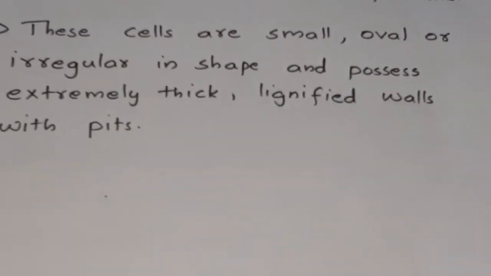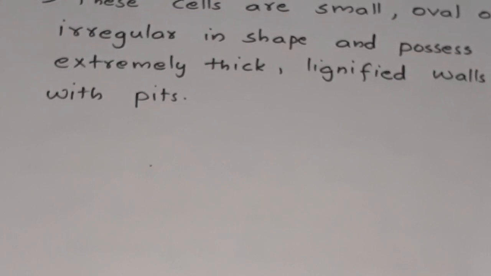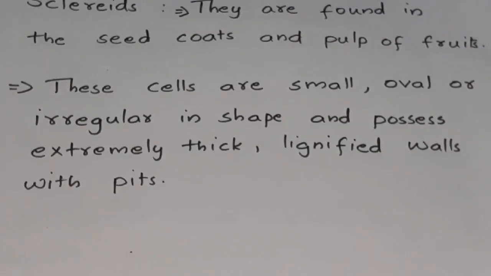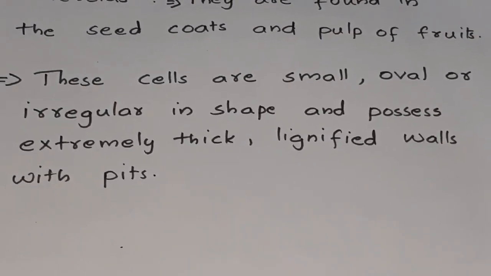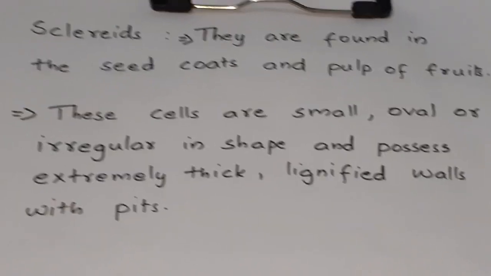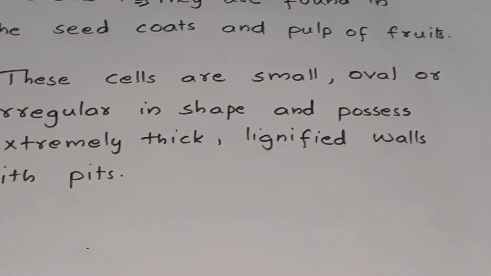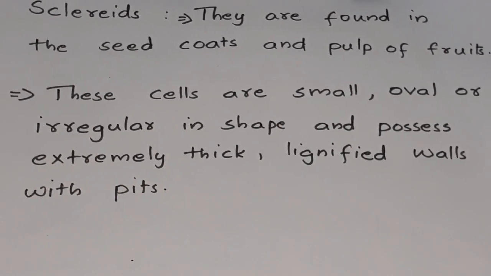So those interconnected walls we call lignified walls. With pits means that in between, in some places, some dips are there; they are called pits. So this is a property of sclerids, and they are found like this in plants.